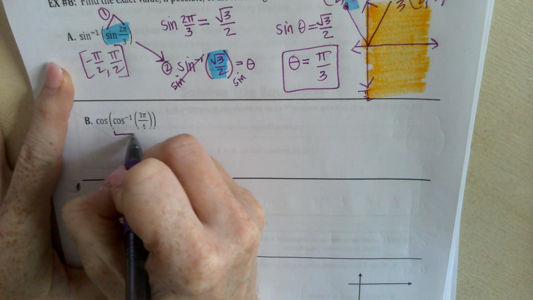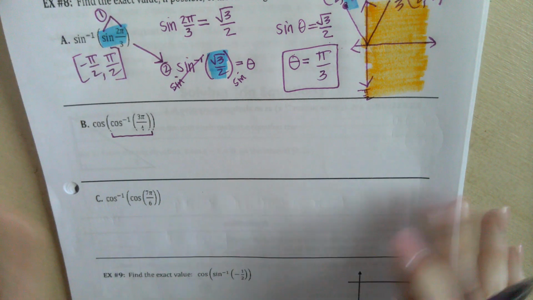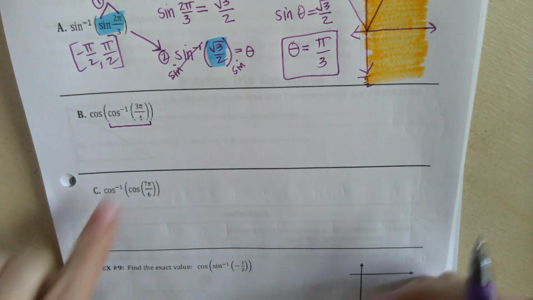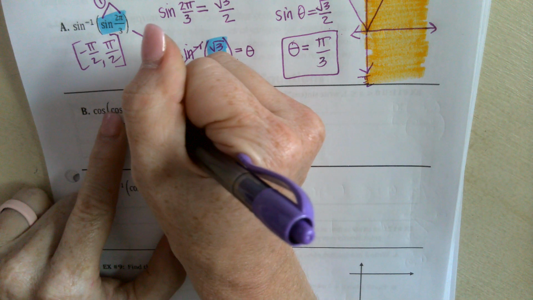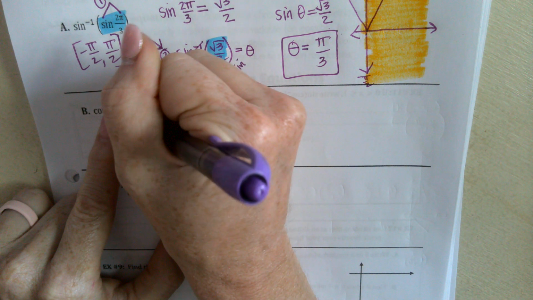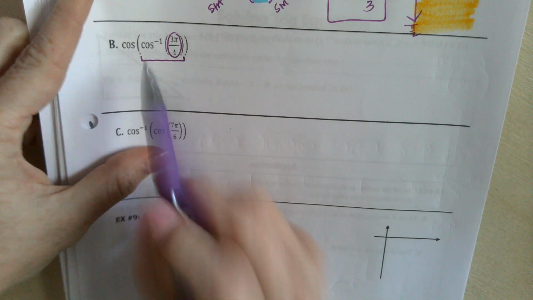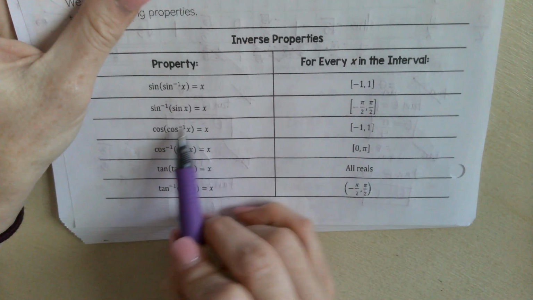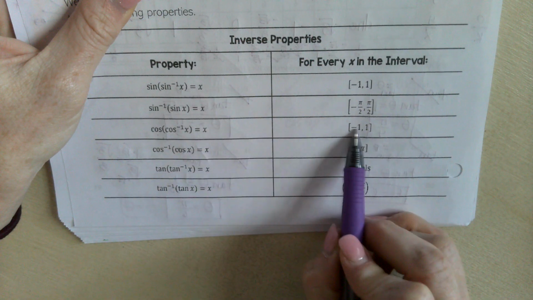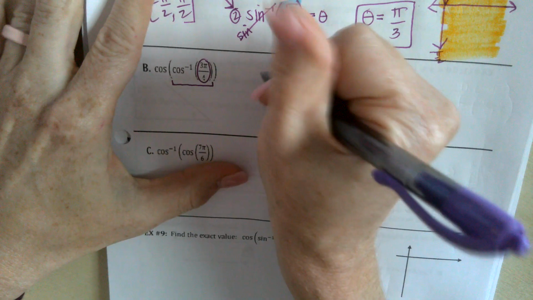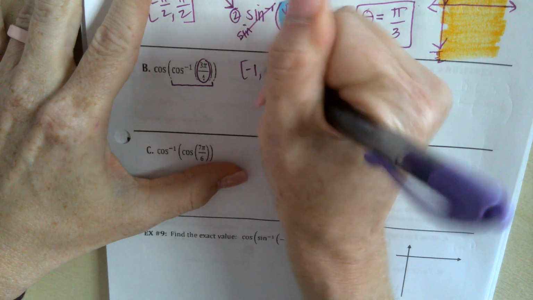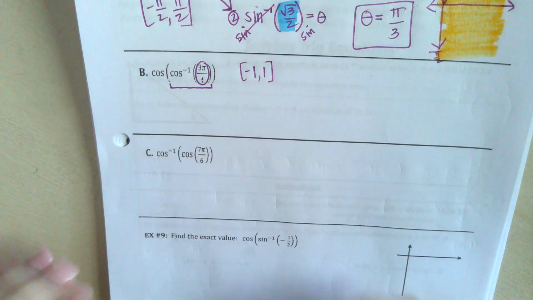looking at this one, my innermost function is asking me to use an angle. Now, I know that 3 pi over 4 might cause me some problems. I'm taking the cosine of cosine inverse, so I'm going to flip over here, cosine of cosine inverse. It has to fall between -1 and +1.